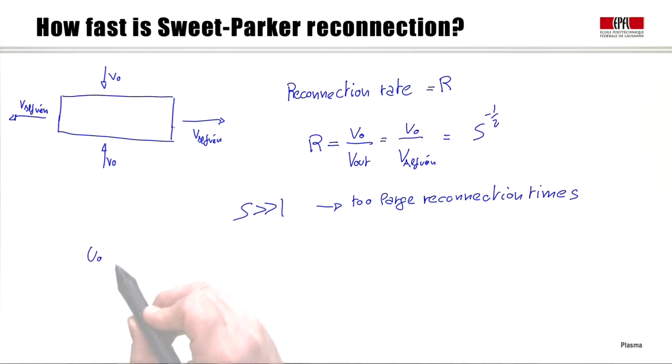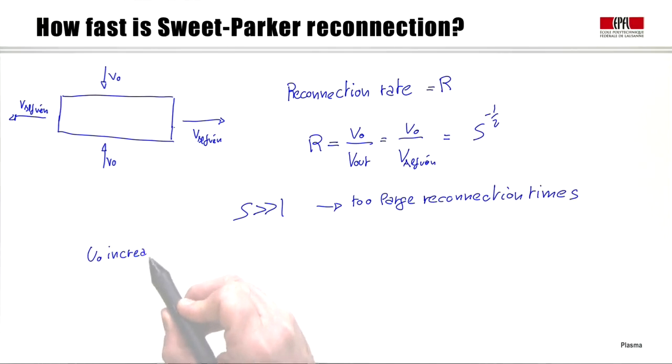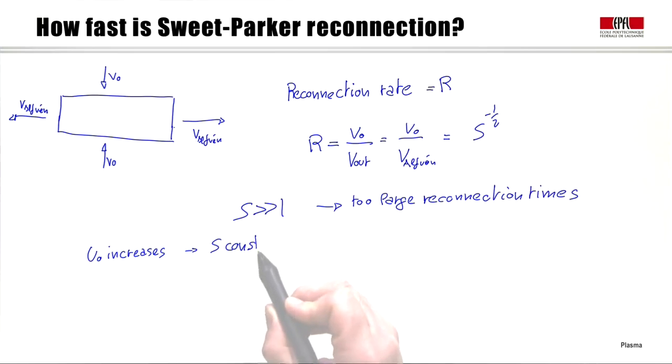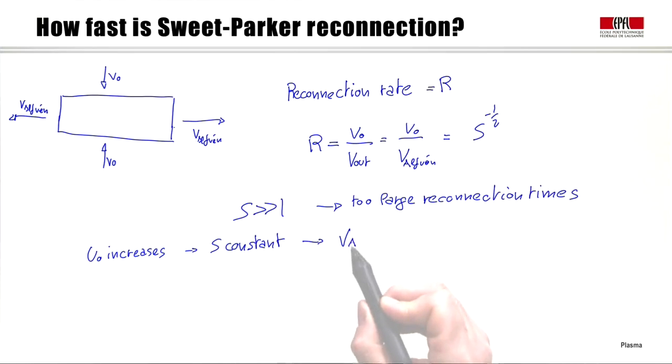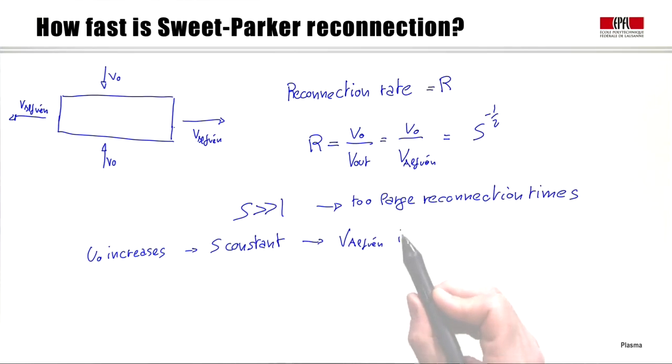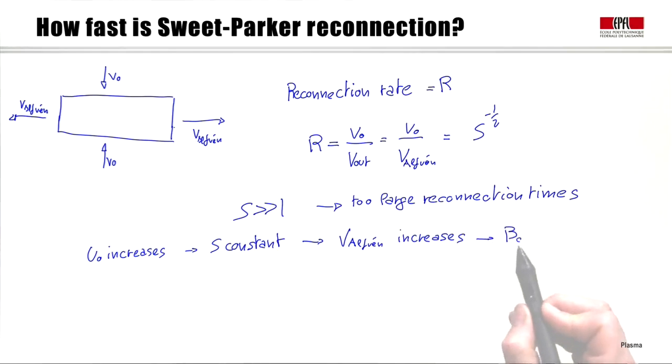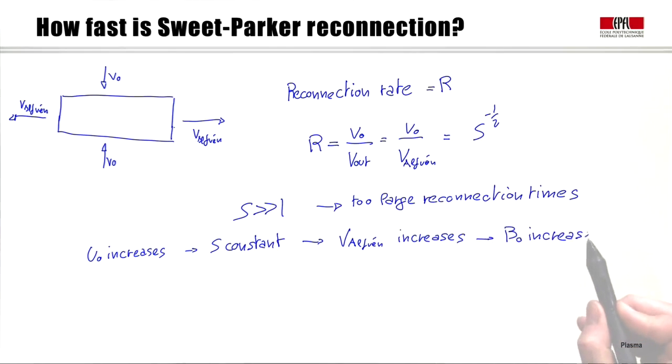If we want to accelerate the reconnection rate and we increase V0 externally from the outside, for a fixed Lundquist number the reconnection rate remains constant, and therefore the Alfvén velocity must increase to maintain the same ratio. This is obtained by increasing the Alfvén velocity by increasing the incoming magnetic field. Therefore, pushing the reconnection harder from the outside does not increase the reconnection rate in the Sweet-Parker model, but only compresses the magnetic field.